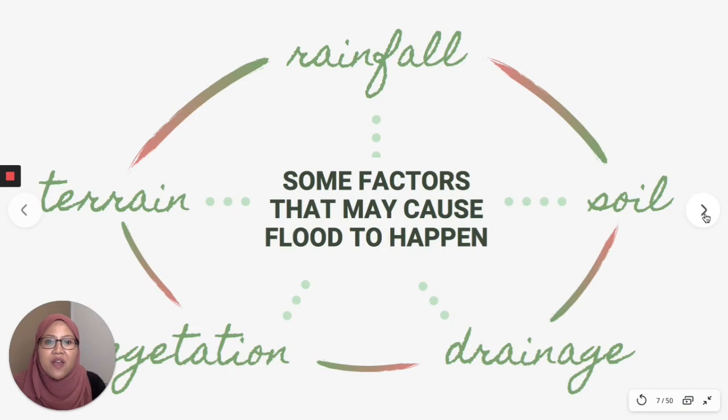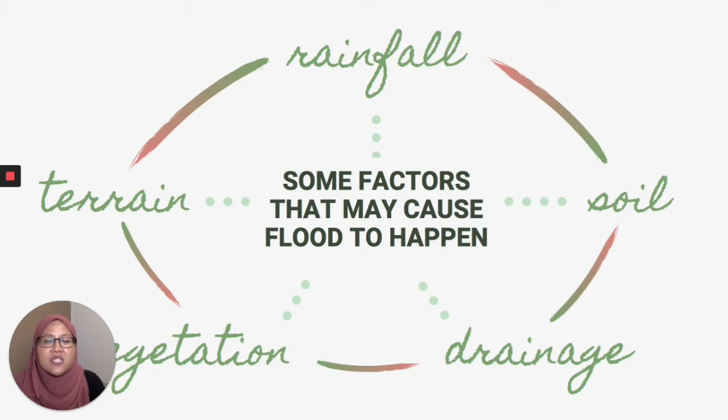Some of the factors that may cause flood, we can start with rainfall. When the rain falls on land that has very steep terrain, such as slopes and hills, the water might run down the surface a lot faster compared to a flat area.